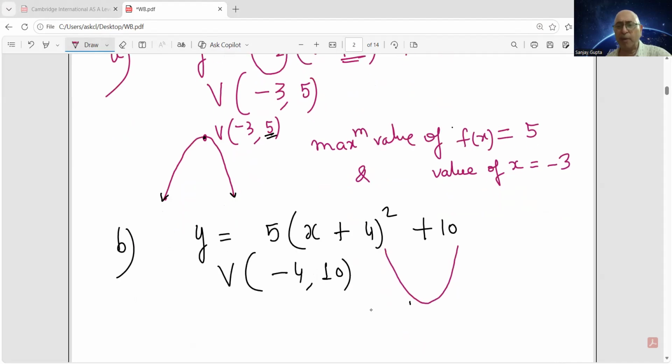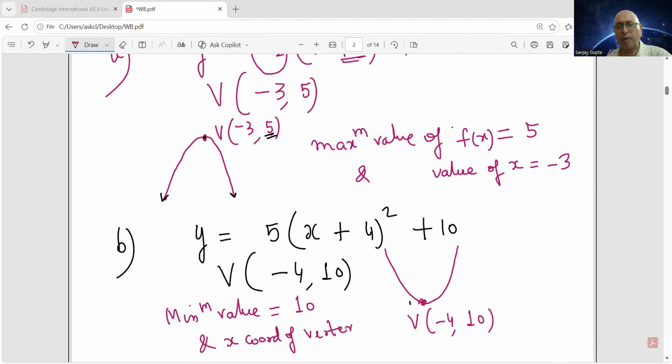And the minimum value of the function is going to be 10. So minimum value of the function is 10. And x coordinate of the vertex is -4. Right? I hope this is very clear.